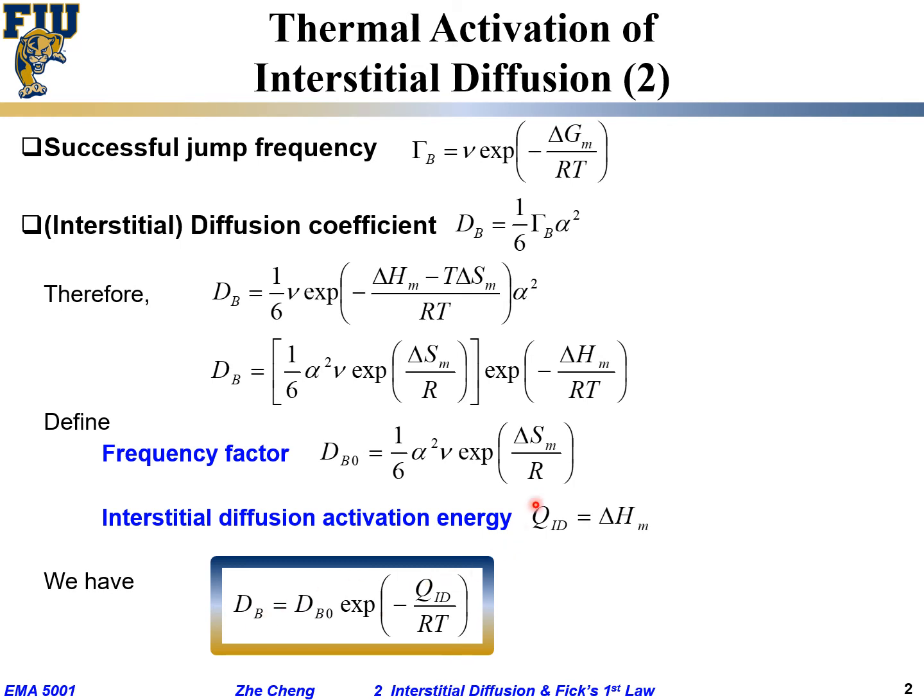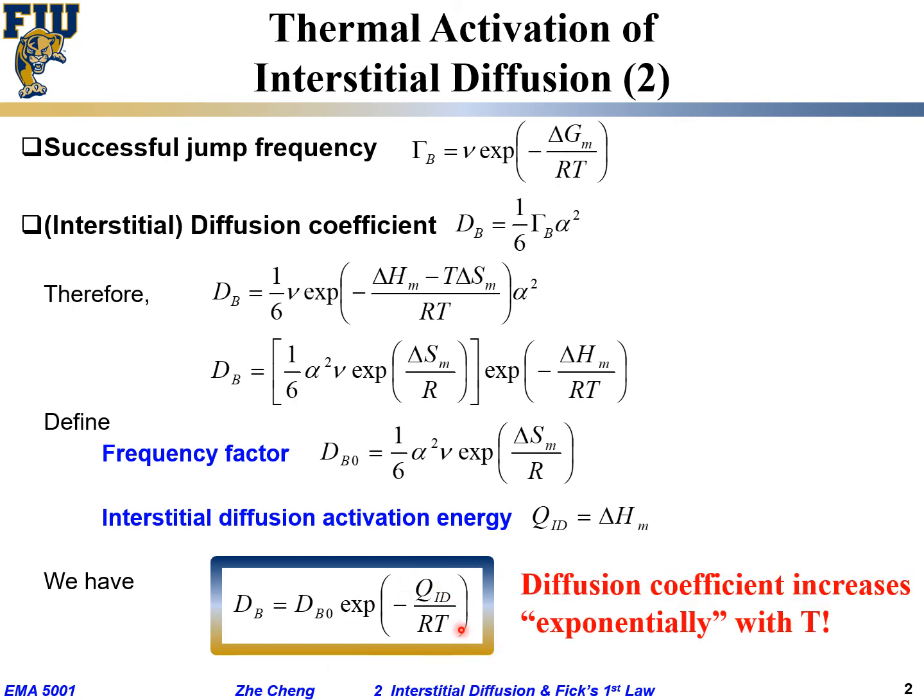Honestly speaking, this term, the mu term, also depends a little bit on the temperature, but not as dramatically as this exponential term. Do you see the mu term actually depends on temperature, mu equals kT? That also depends on temperature, but that dependence is not as strong as this exponential term.